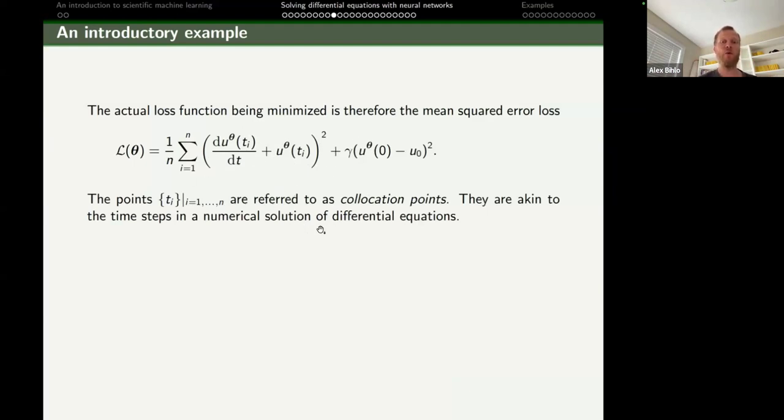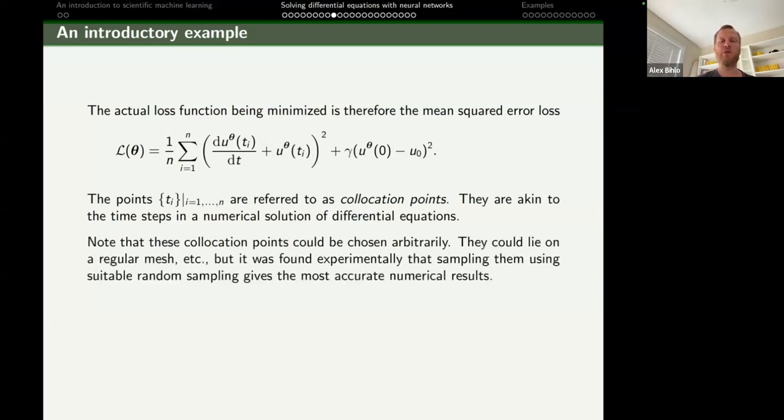This is basically what you pass into the neural network optimizer, TensorFlow, PyTorch, JAX, and it computes the gradient and tries to minimize this for you. Ideally, once this is minimized, your neural network will satisfy the initial condition and the differential equation at those points, meaning you get an approximation of your solution u_theta.